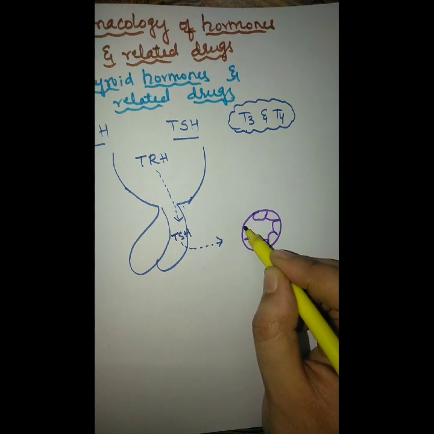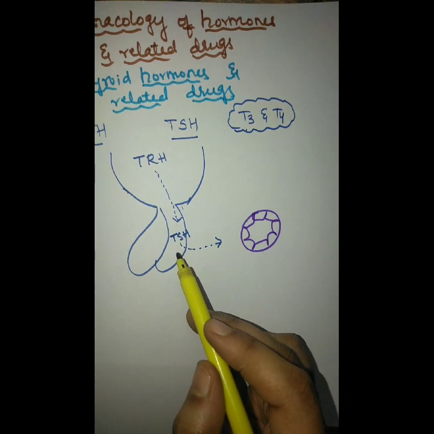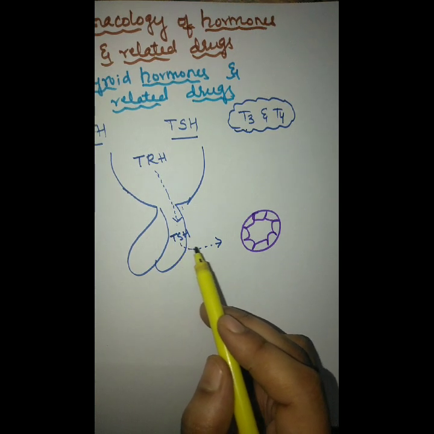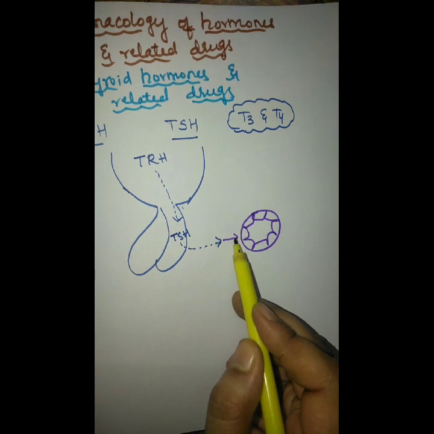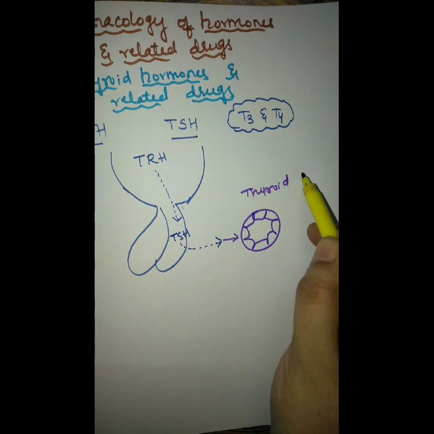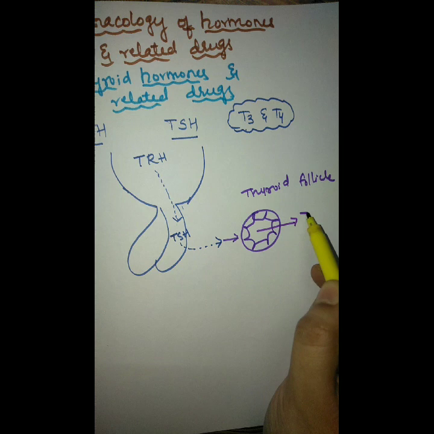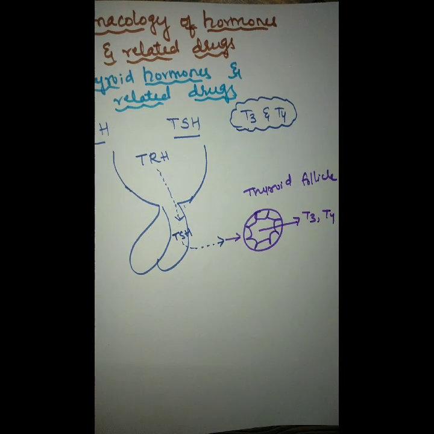Suppose these are your thyroid follicles, and this thyroid stimulating hormone, which is synthesized and released from the anterior pituitary, will be going to your thyroid follicle, and basically from the thyroid follicle your T3 and T4 are being synthesized and released into your blood.